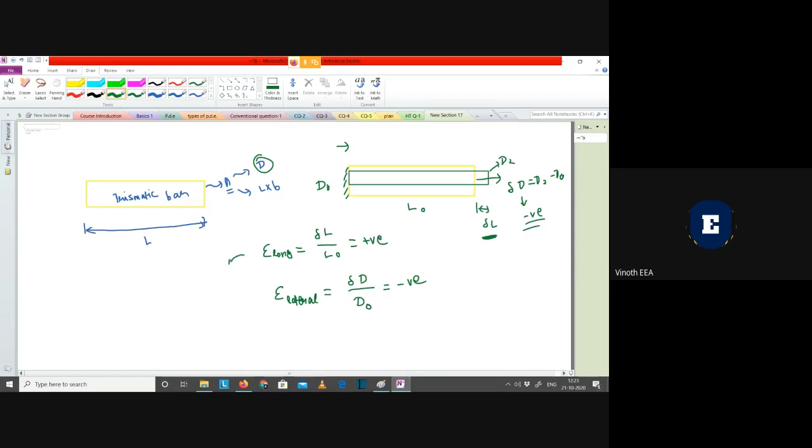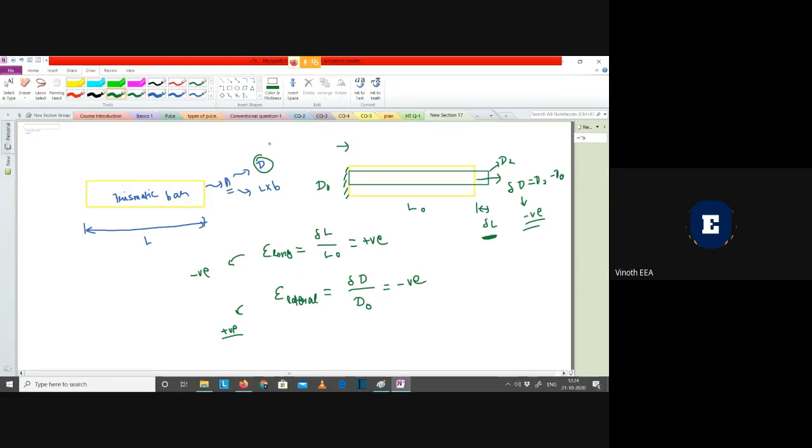It's pretty obvious that if the longitudinal strain is positive, then the lateral strain will be negative. If the longitudinal strain is negative, then the lateral strain will be positive. They will be opposite. If length increases, then diameter will decrease, and similarly if diameter increases, length will decrease.